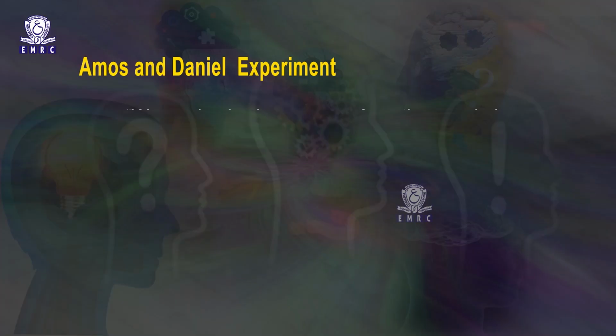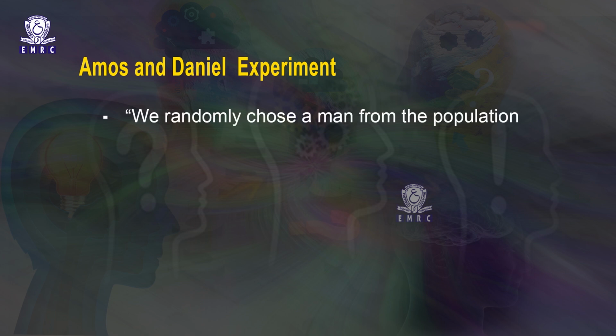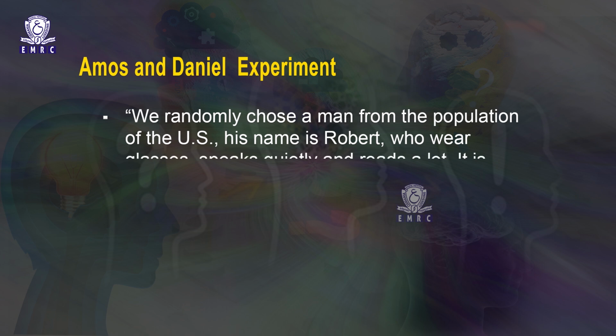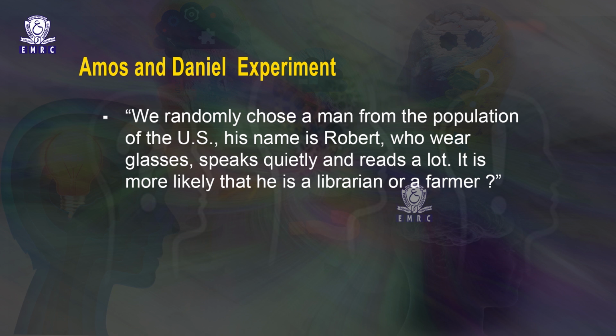What they did is they presented a task to the participants in which they gave this instruction: we randomly chose a man from the population of the US. His name is Robert, who wears glasses, speaks quietly and reads a lot. It is more likely that he is a librarian or a farmer. This is the question they asked the participants, whether he is a librarian or a farmer.